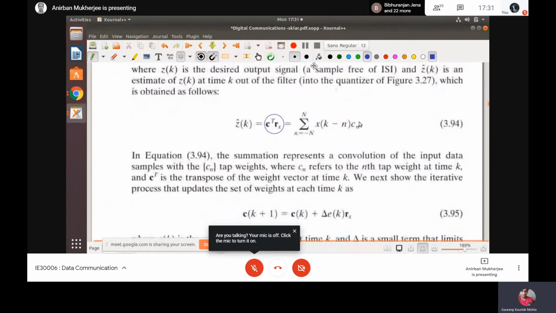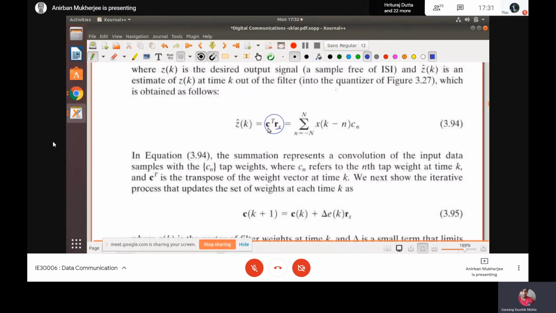It is C_n x_{k-n}. If you remember, C is C_{-n} to C_{+n}.